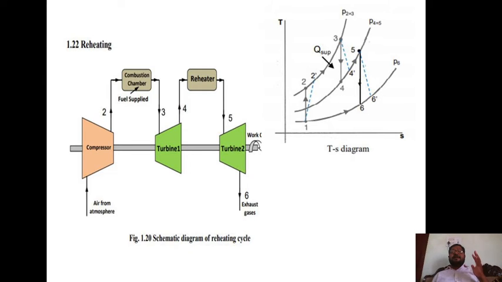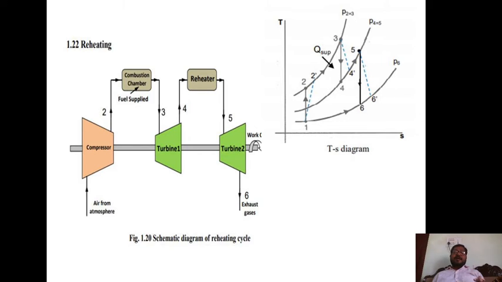You must be very perfect while solving problems on these methods of improving the thermal efficiency, like regeneration, reheating, and intercooling. This includes the actual cycle, actual efficiency, isentropic efficiency of the compressor and turbine, those equations, and the enthalpies at the compressor inlet and outlet, turbine inlet and outlet, second stage inlet and outlets.